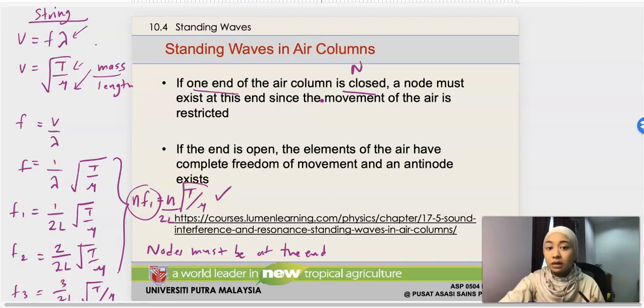You start with the node at that point. However, if the end is open, the elements of the air have more freedom, so you get an antinode. The wave can oscillate from the maximum to the minimum. So that's an antinode for you.